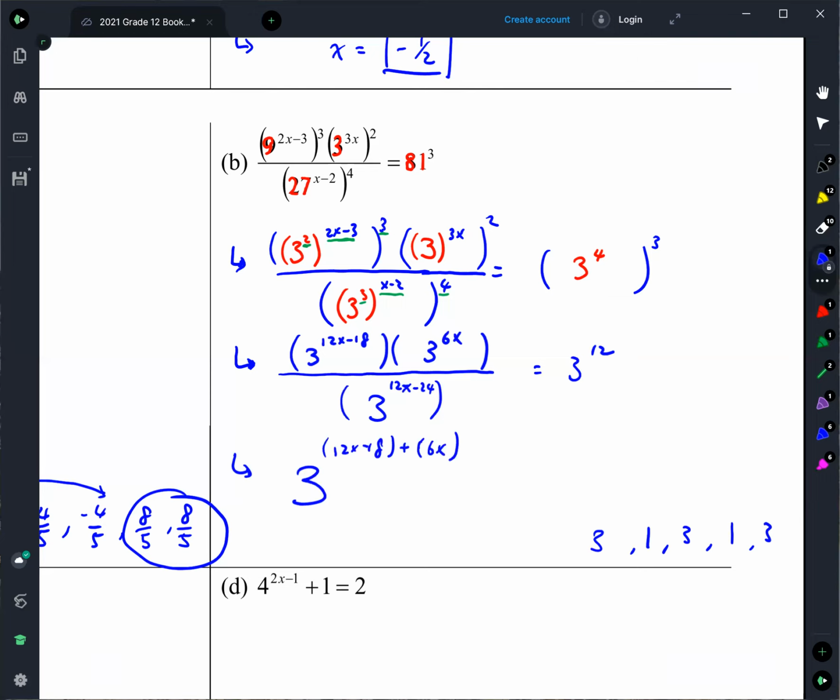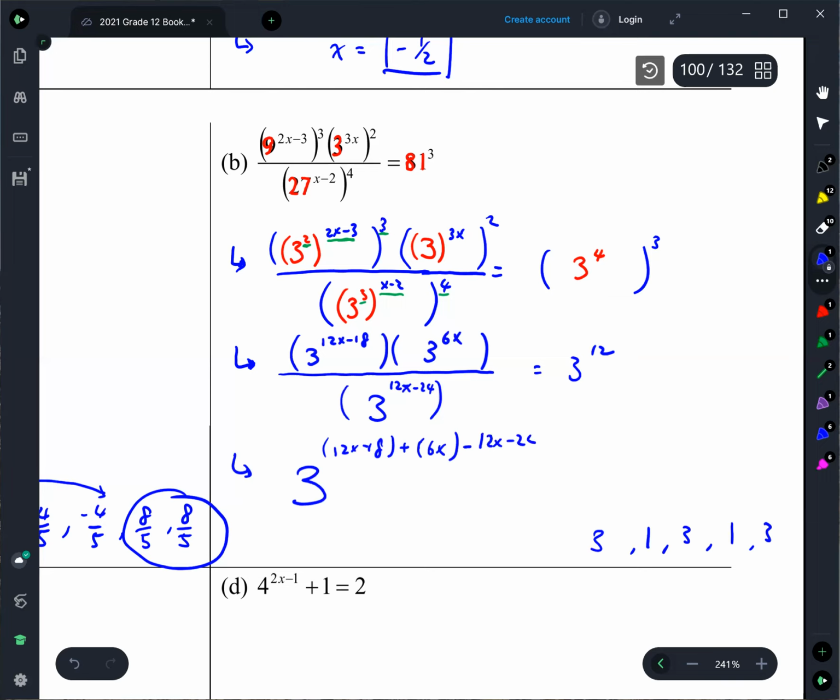The bottom part is dividing, so you should do subtraction. Another common mistake is to have no brackets. That will be wrong. You need to subtract the whole exponent at the bottom because it will affect the sign. Adding is fine, but subtracting, you have to be very careful. Equals 3 to the 12.